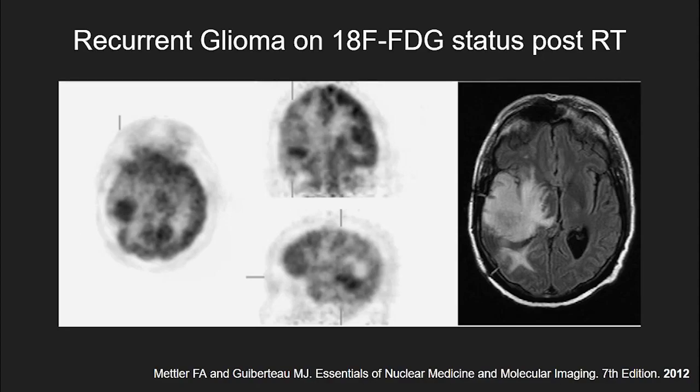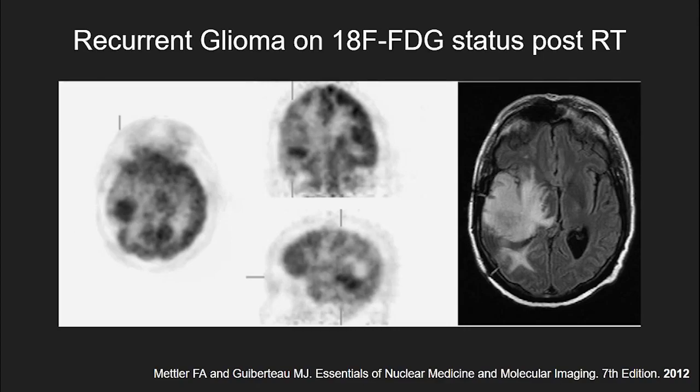Here's an example of recurrent glioma on MRI on the right and on FDG PET-CT, where the PET images are displayed in axial, coronal, and sagittal views.